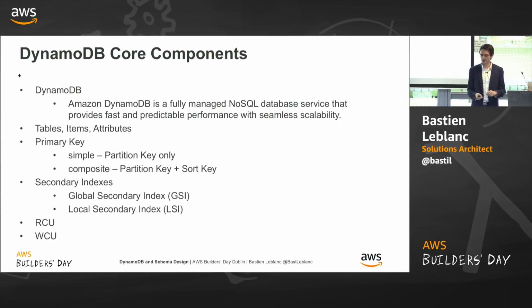Okay. Second important core component is the indexes. The thing to understand is that indexes in DynamoDB are very different from relational database indexes. They're not meant to access the data, they're meant to store data in different ways. So think about indexes as a copy of your data, especially global secondary indexes, as a copy of the data for a different access pattern.